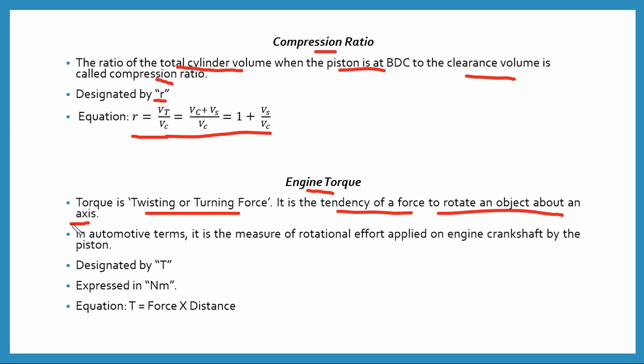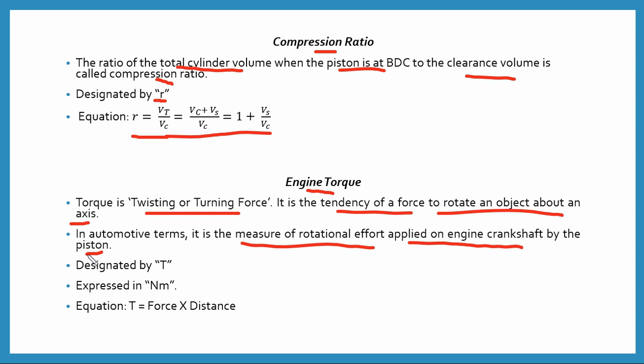In the case of the automobile, it is a measure of the rotational effect which is applied on the engine crankshaft by the piston. So how much rotational effort is applied by the piston on the crankshaft is called the engine torque.